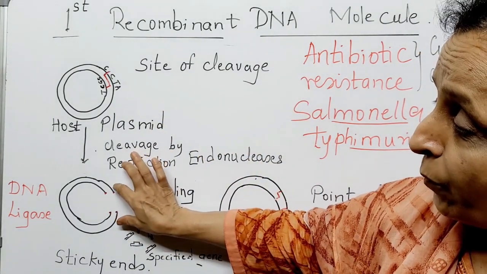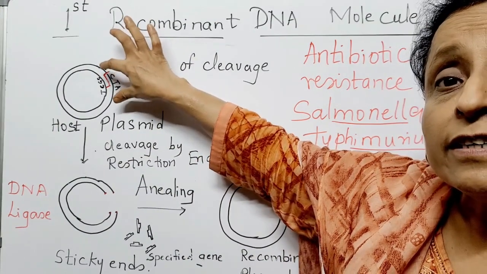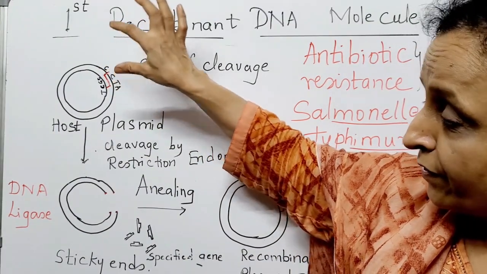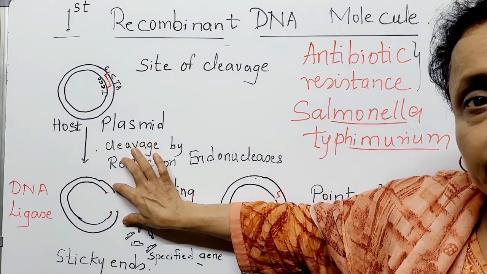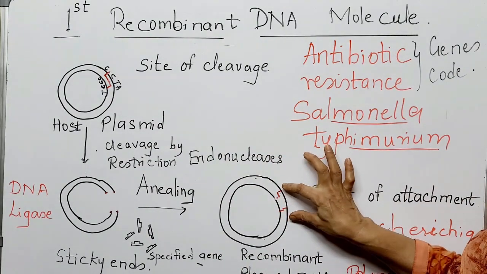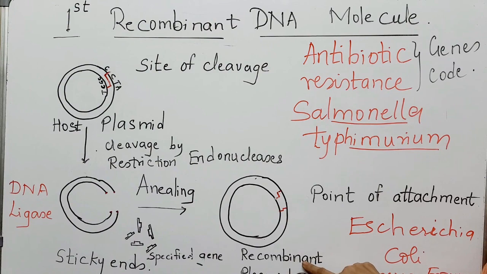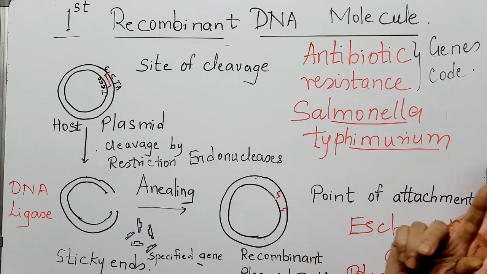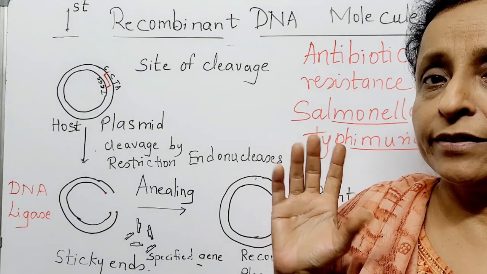Now once the cut is given, this part, that is the antibiotic resistance, is fixed in this plasmid. After fixing it, we have recombinant plasmid DNA. So this DNA has got the new character.